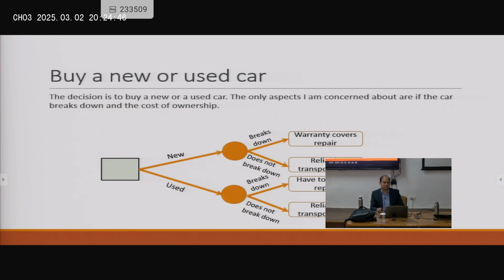That's a good thing about a new car, that you don't have to pay for it. Most car companies will warranty their cars. And if it doesn't break down, you have reliable transportation. If it's a used car and it breaks down, you have to pay for the repair yourself. And if it doesn't break down, you have reliable transportation.